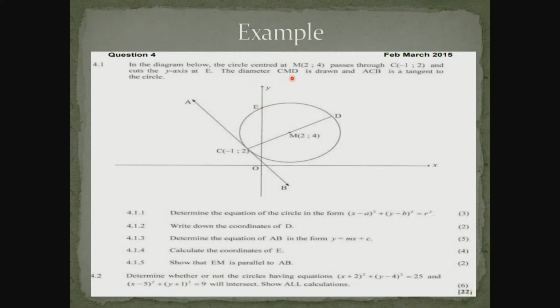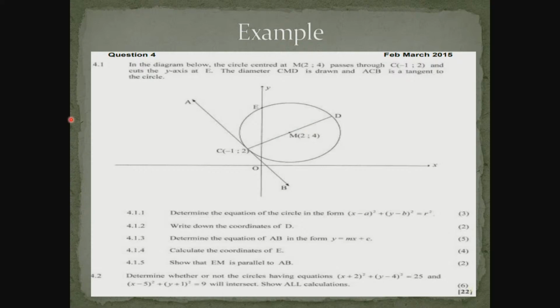The diameter CMD is drawn and AC is a tangent to the circle. This is a tangent, it means it is perpendicular to the diameter, also perpendicular to the radius CM. And the other thing that you must remember: the diameter is twice the radius.